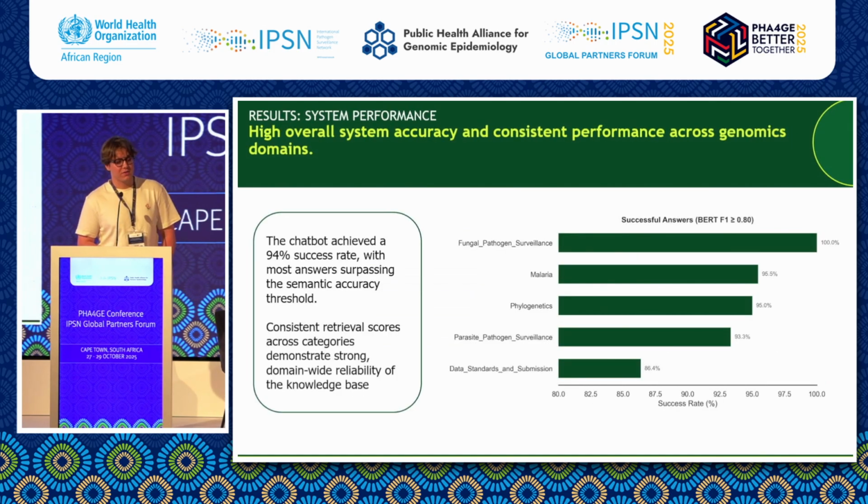When we look across all categories, the chatbot achieved a success rate of around 94%, meaning nearly every answer reached the high semantic accuracy threshold, which is a BERT score greater than 0.8. It's performing well as a prototype, though there's still room to improve the retrieval precision and handle out-of-scope queries more gracefully.